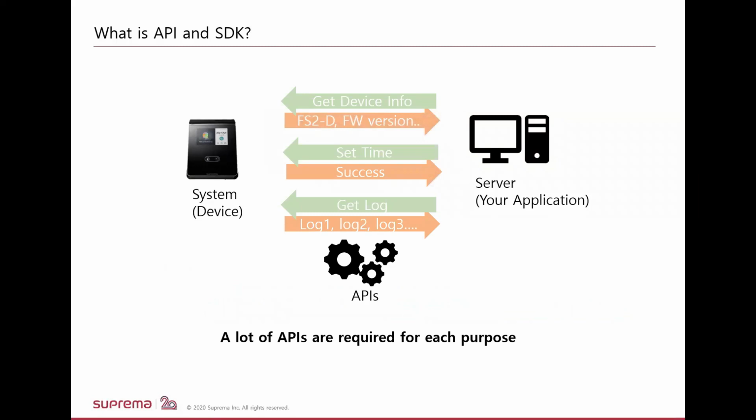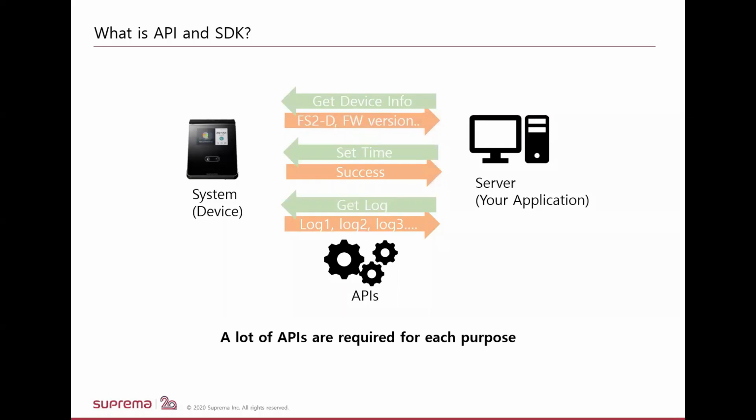We use different APIs depending on the request. For example, with the device SDK, if you want to retrieve device information, you will use the API BS get device info. This is the actual name of the API, and you will see a bunch of these names on the SDK manual website as well.